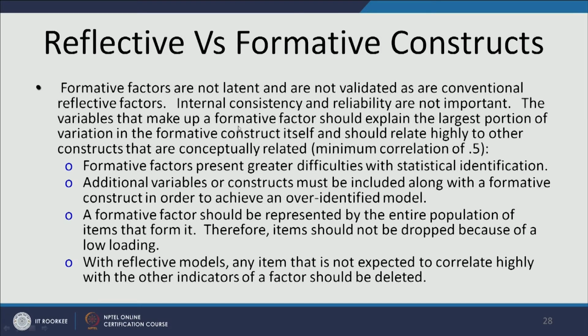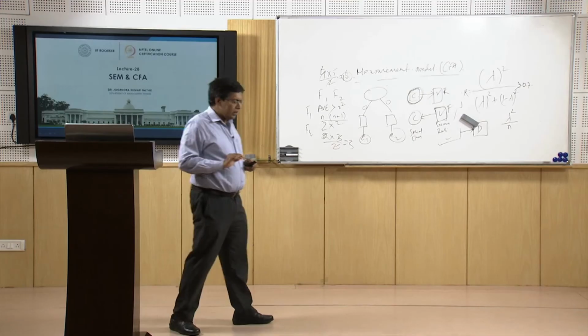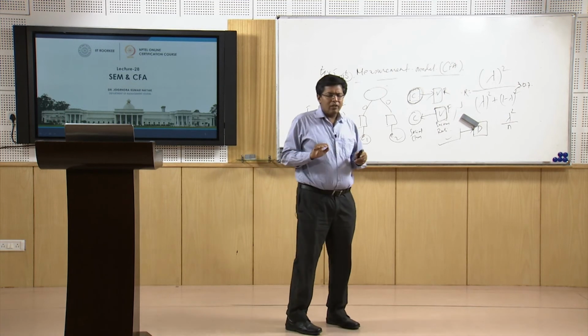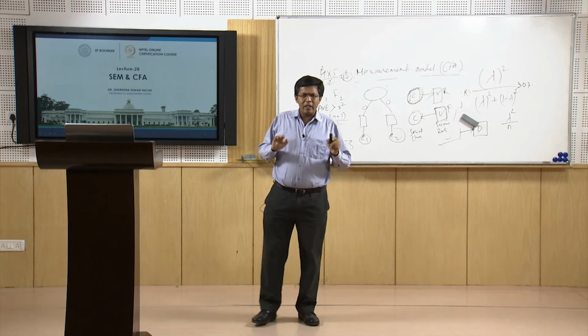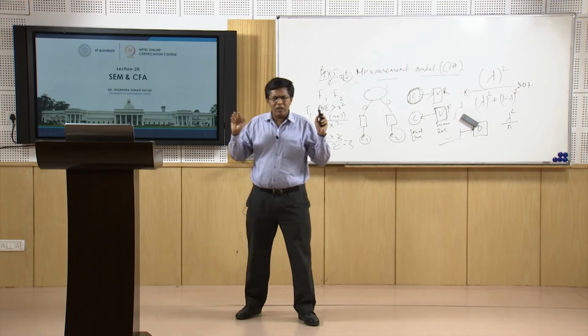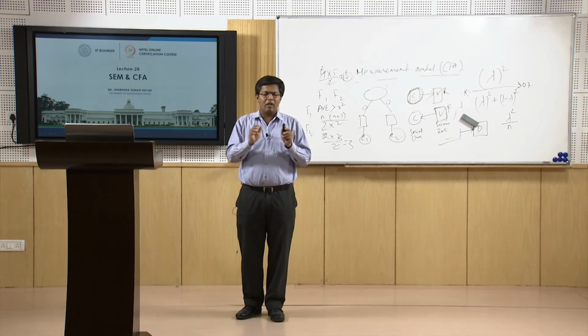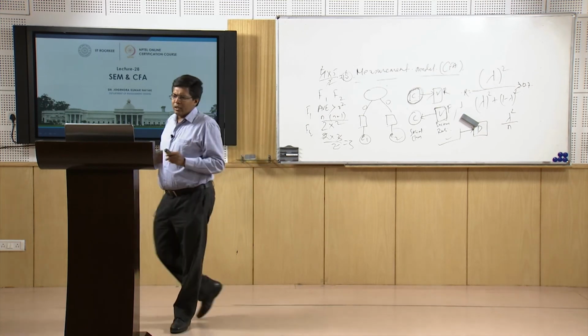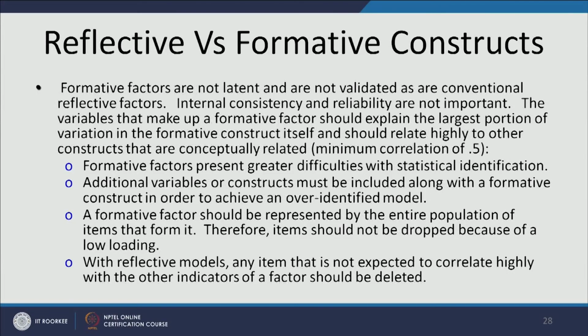The variables that make up a formative factor should explain the largest portion of variance in the formative construct itself and should relate highly to other constructs that are conceptually related. So there has to be a certain degree of correlation among the constructs, and the minimum correlation value should be 0.5.